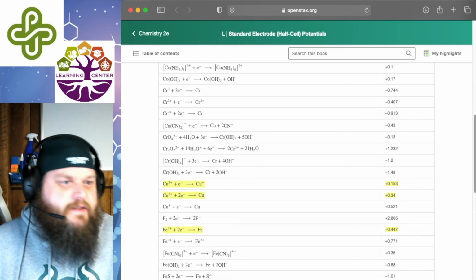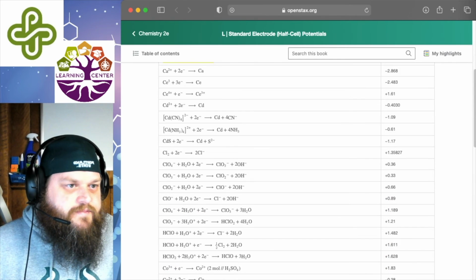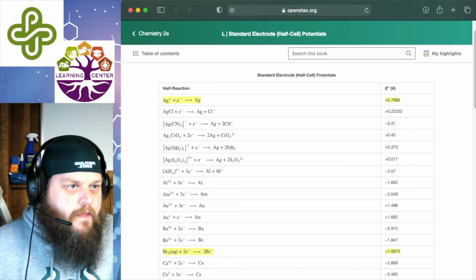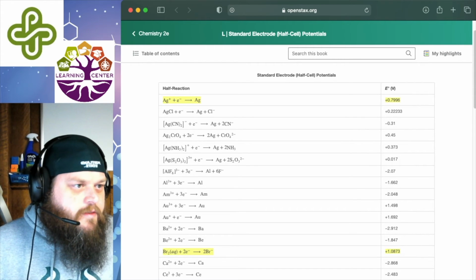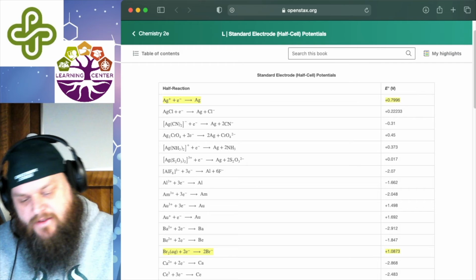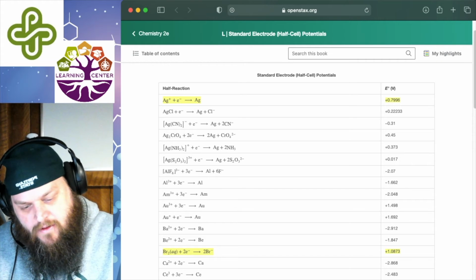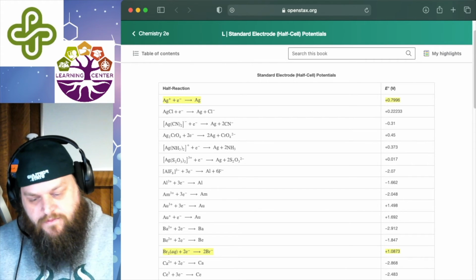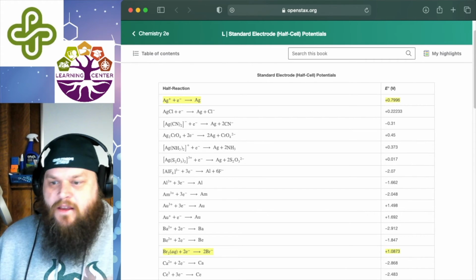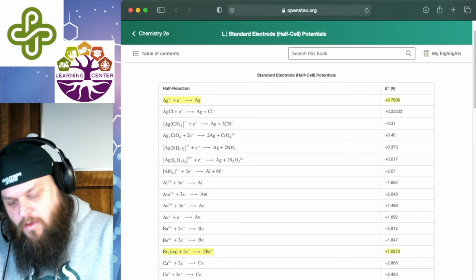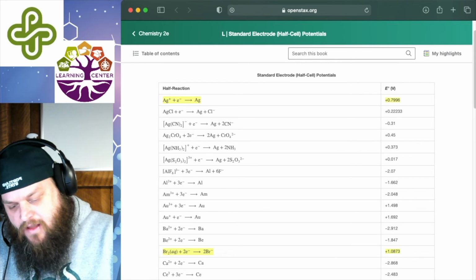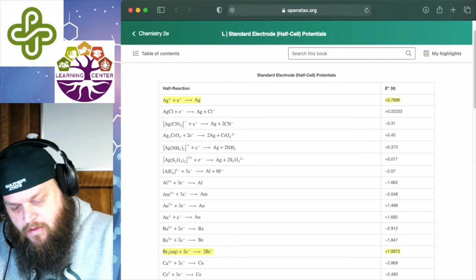Looking at the silver, silver's that top one, 0.7996 volts. And to see what the potential of the cell is, remember it's the potential of the cathode, right?